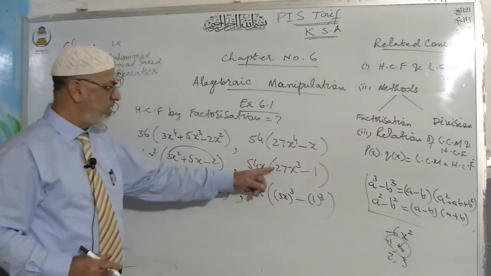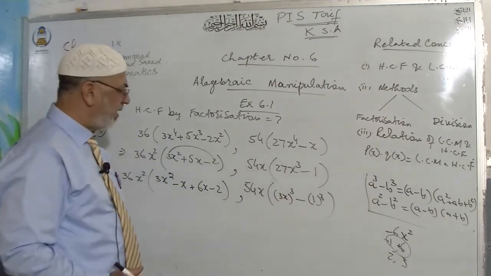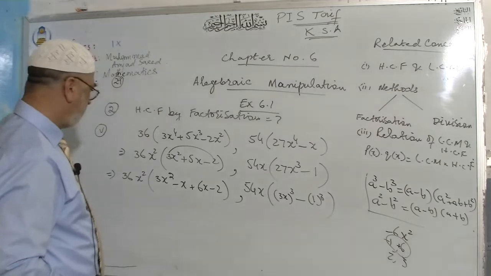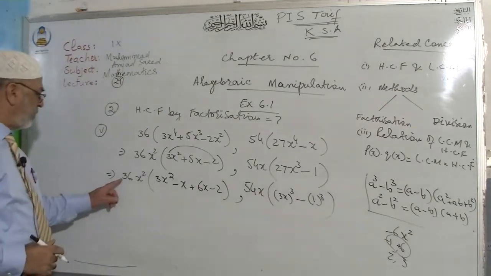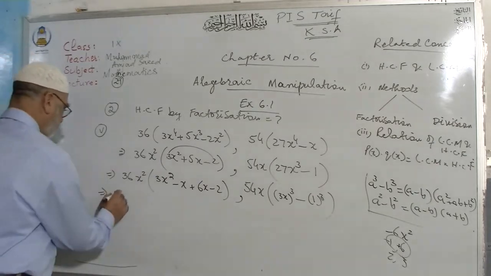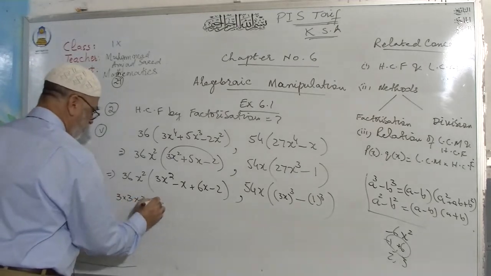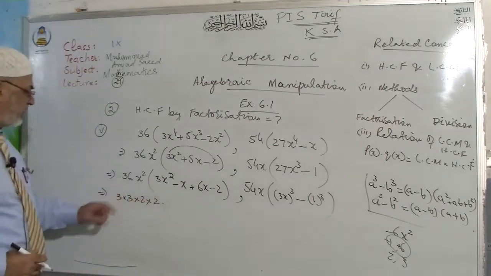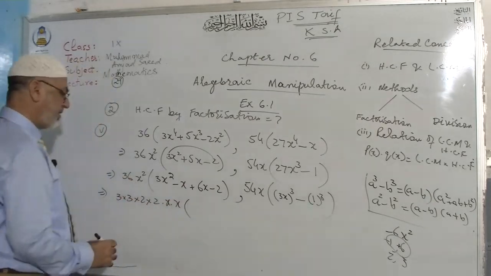Remember that 27x cube can be written as 3x whole cube and then 1 cube. Here, dear students, now you can split up 36. 3 into 3 into 2 into 2, that is 36, and x squared can be written as x into x.